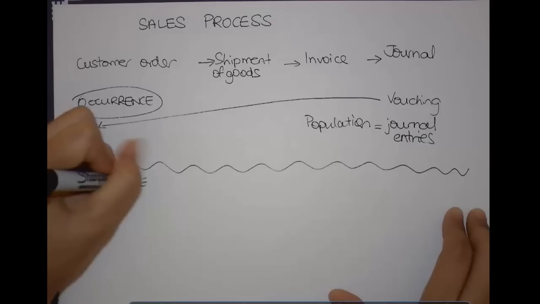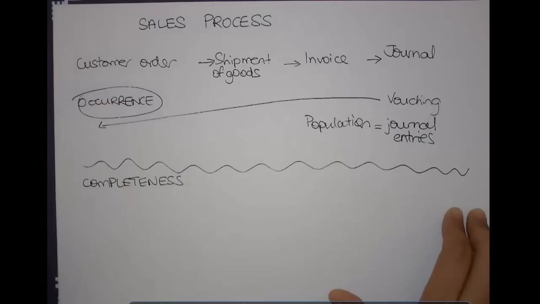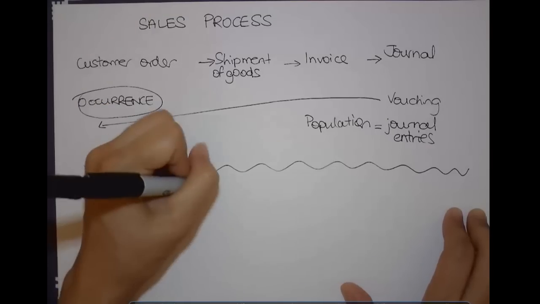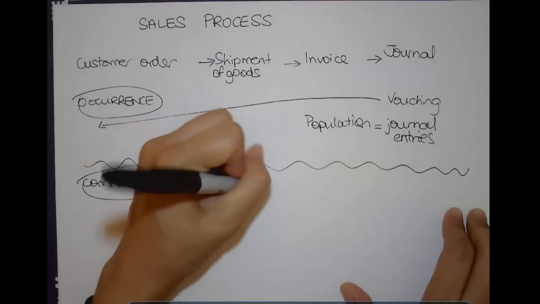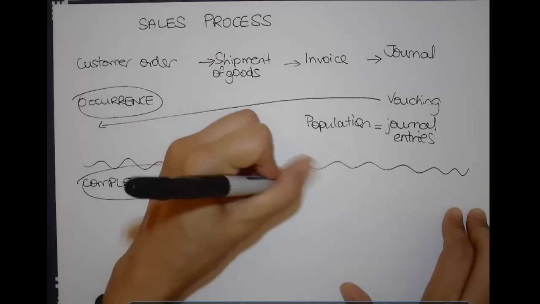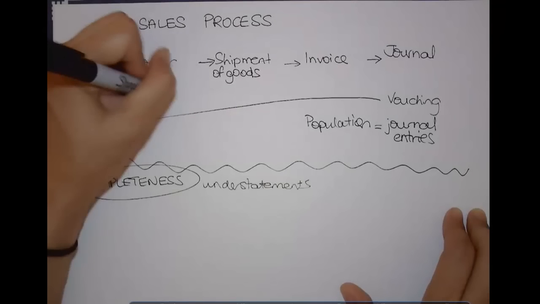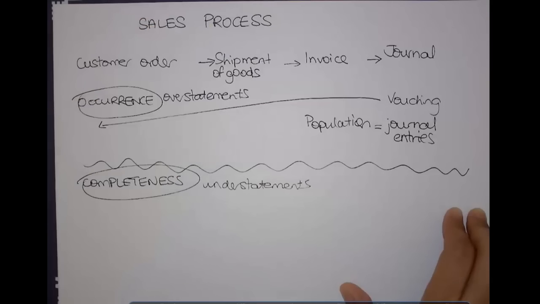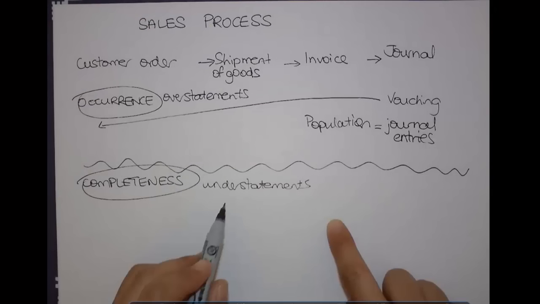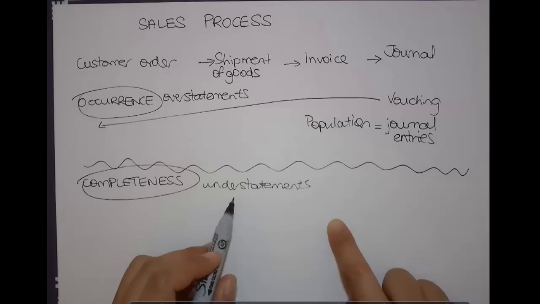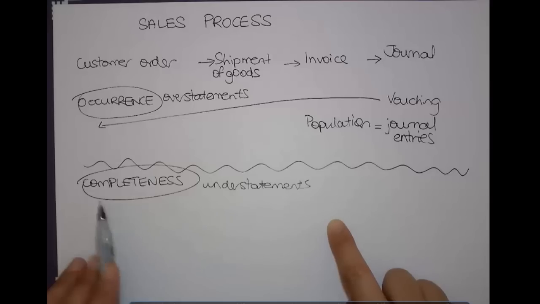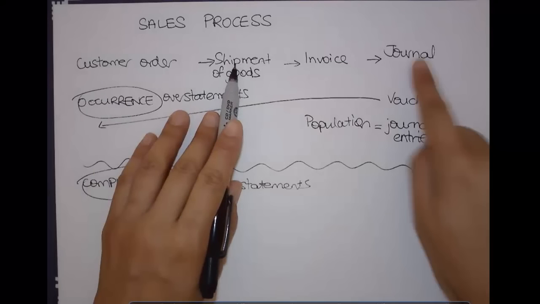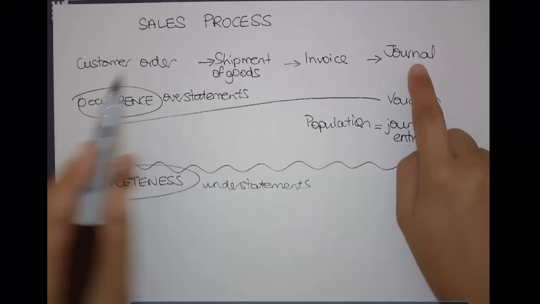completeness? Completeness is about looking for understatements, whereas occurrence is about looking for overstatements. If we're looking at understatements, I'm trying to find situations where I might have sold goods to a customer, but they're not actually recorded in my journal.